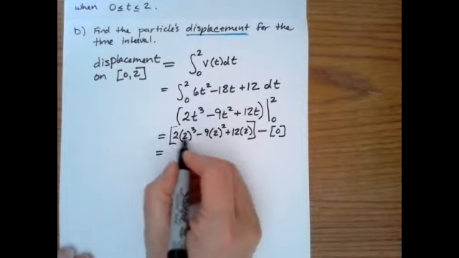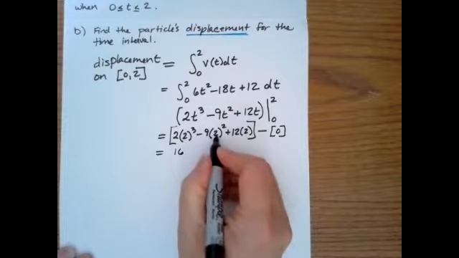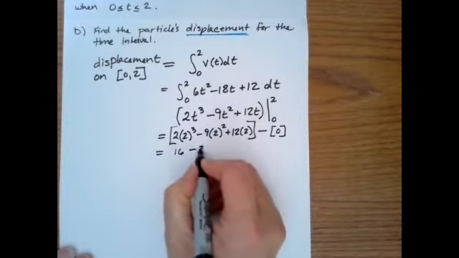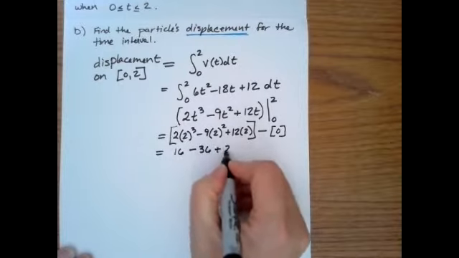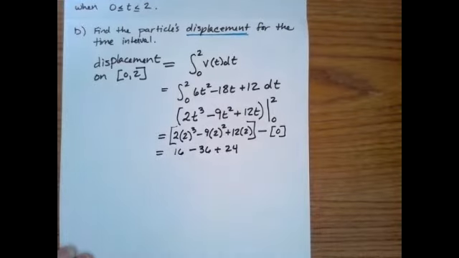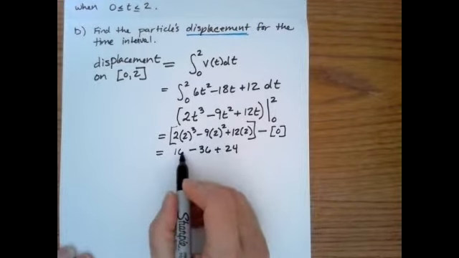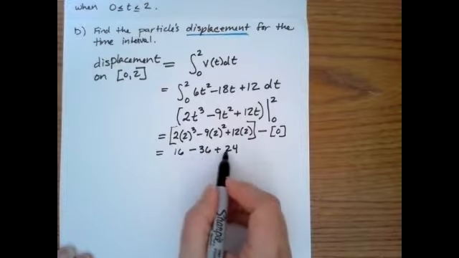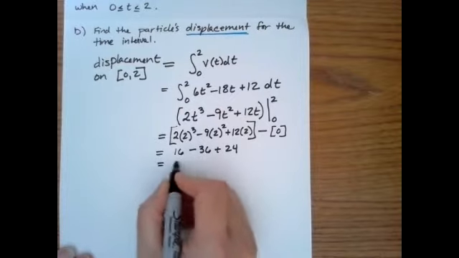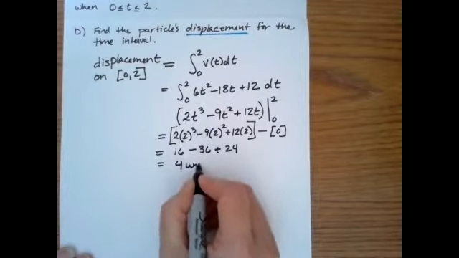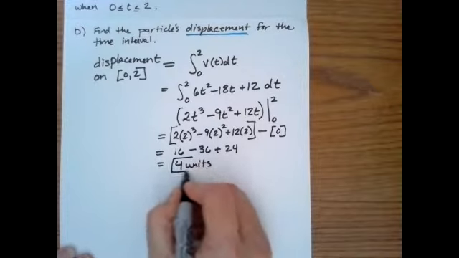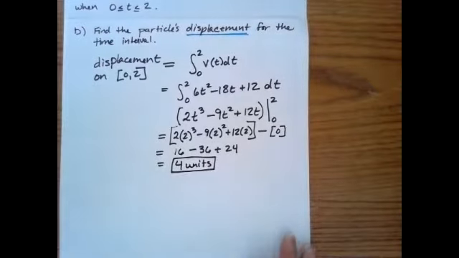Let's see, this is 8 times 2 is 16. 4 times 9 is 36, and 2 times 12 is 24. Combining that, that's a negative 20 plus 24. I'm getting a value of 4. 4 units is the displacement on the time interval from 0 to 2.